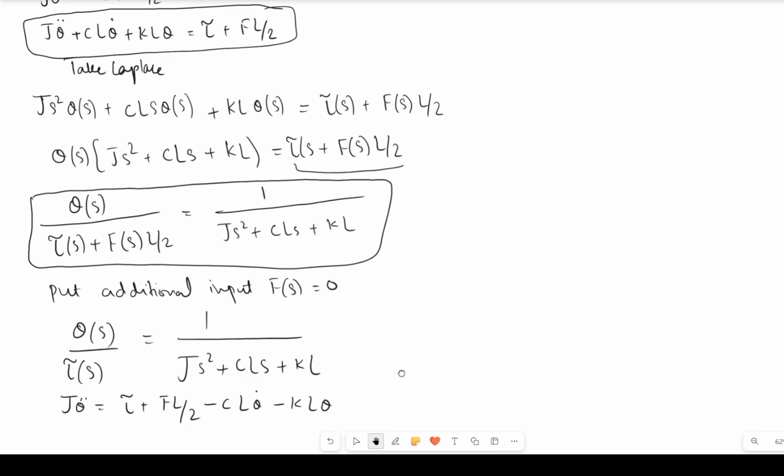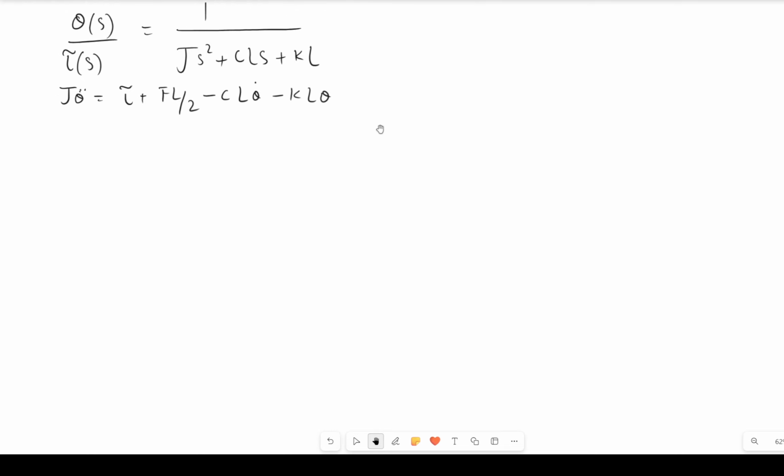Okay, now I'll divide the whole thing: tau plus FL by 2 minus CL theta dot minus KL theta, and we divide the whole thing by J.